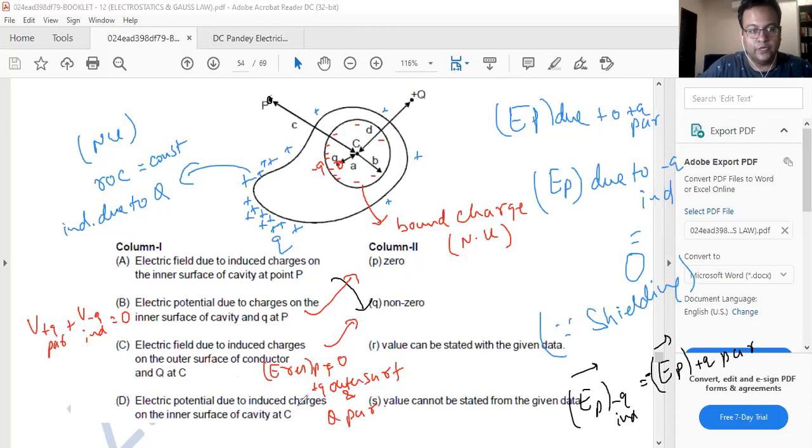Electric potential due to the induced charges on the inner surface of the cavity at C. Inner surface of the cavity at C. Any guesses? सेंटर पे पोटेंशियल क्या होगा? At C, because of the inner charges, inner surface charges. Zero or non-zero?